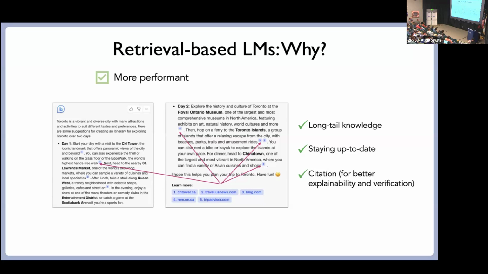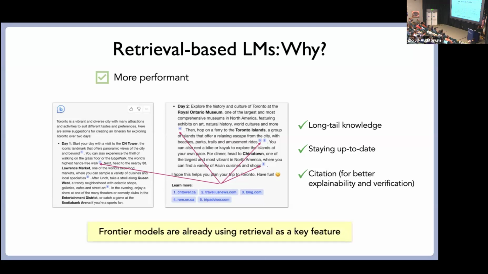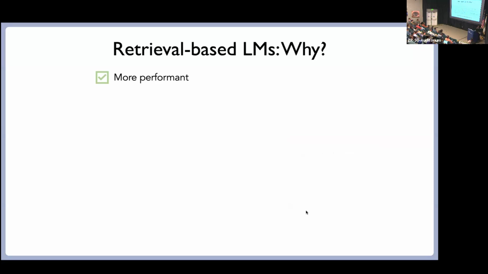This is good for explainability. It's good for high-stakes applications where factual correctness is very important. And as you can see from today's ChatGPT, Gemini, and all the other frontier models, they are already using retrieval as one of the key features, especially by combining a commercial search engine together with the language models they already have. So that was about performance.